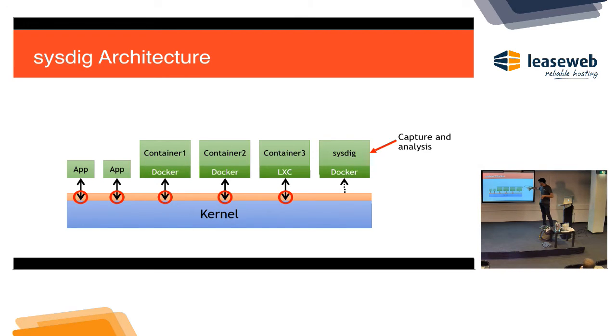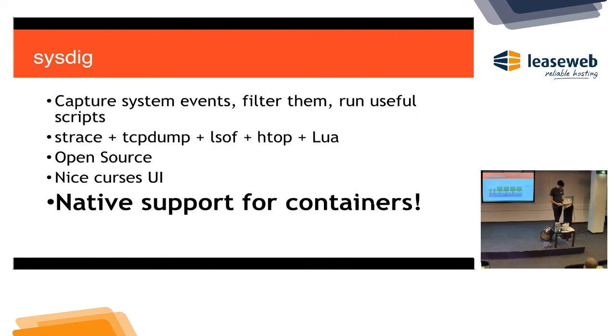Sysdig enriches the information for each event. For example, on a write event, you find the file descriptor number and the buffer. Sysdig from the file descriptor number knows if it's a connection or a file, and puts it on the event. Or from the PID, Sysdig knows the process name, process command line, container, and so on. So every event has a lot of interesting data inside.